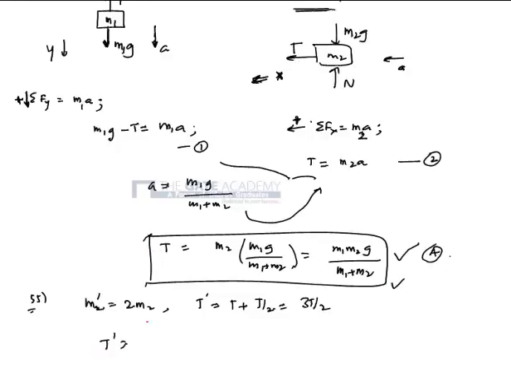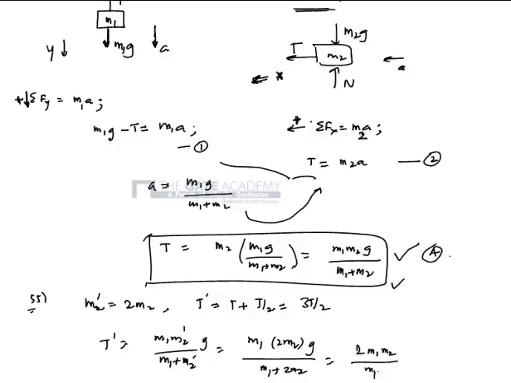So using this equation for the new scenario, where I have changed mass, you will have M1, you have 2M2, and then M1 plus 2M2. So you have 2M1 M2 G.